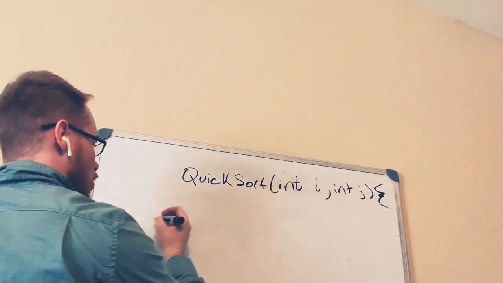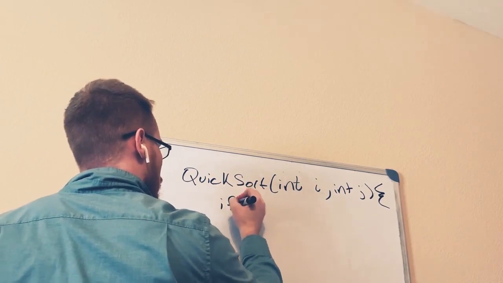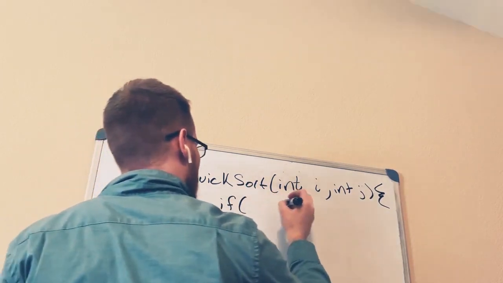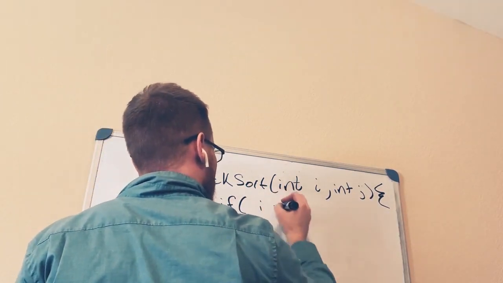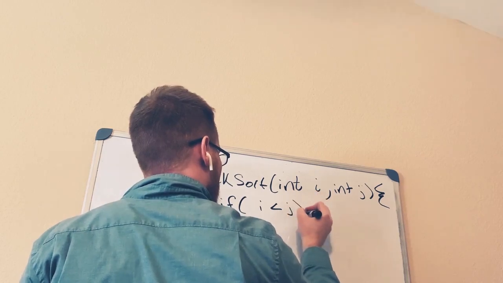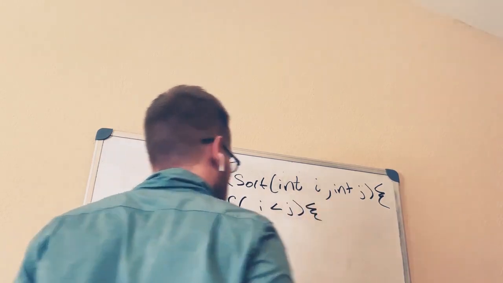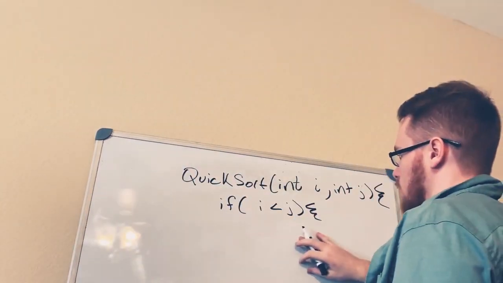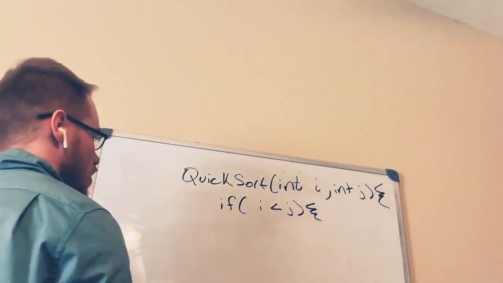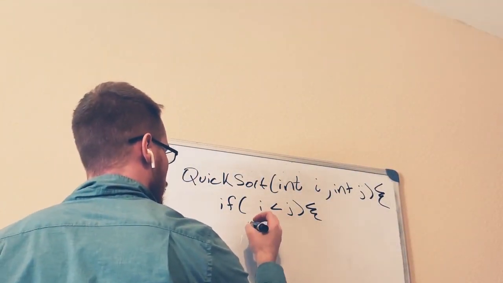So we're going to start out by saying if i is less than j, then we are going to call the partition method.